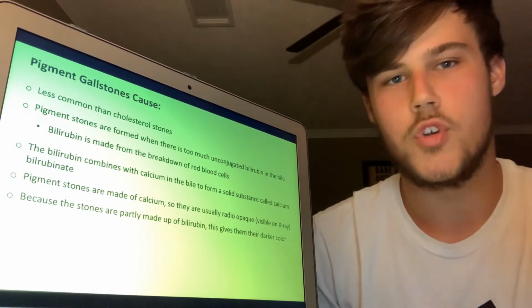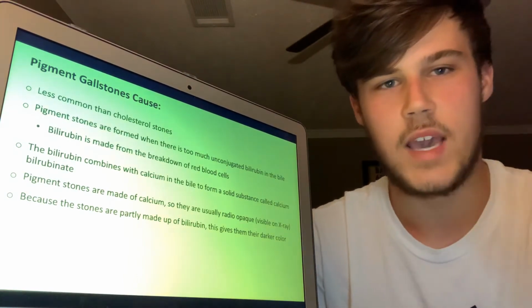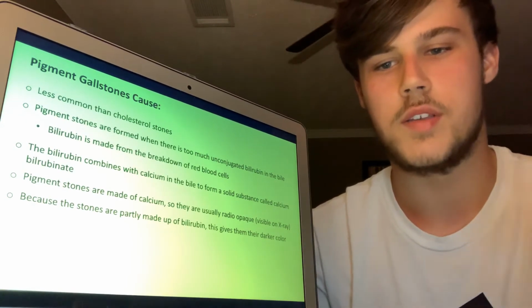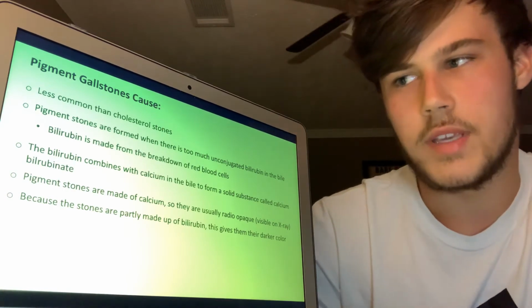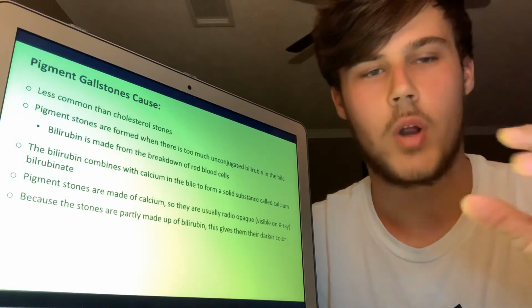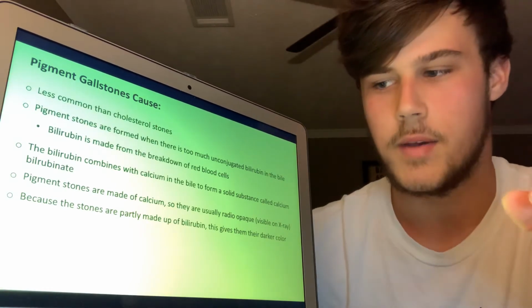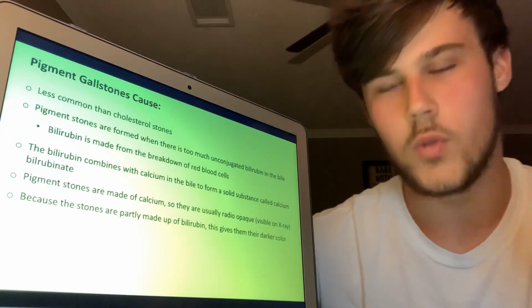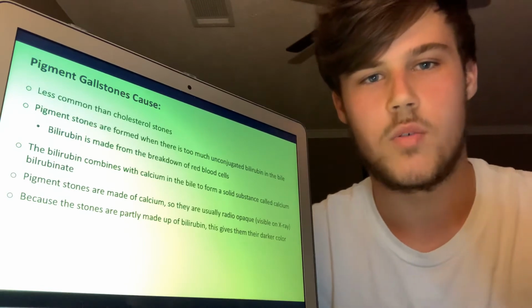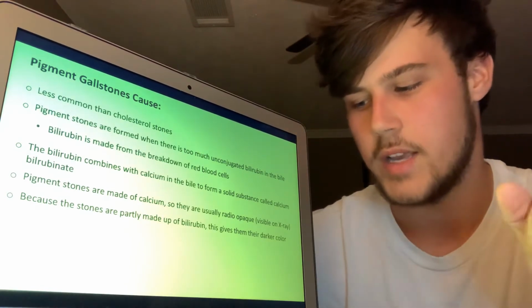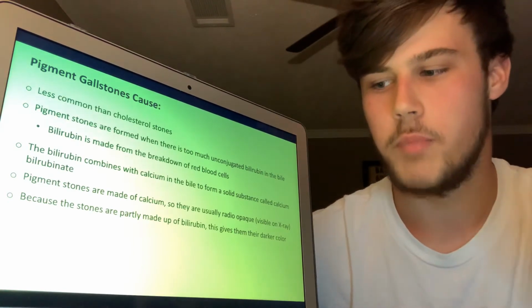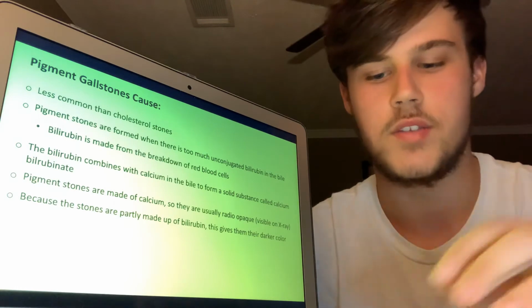And when there's too much bilirubin, it combines with calcium, and when that combines, it forms a solid substance called calcium bilirubinate, and because it's made partly of calcium, it is called radio opaque, and that makes it visible on an X-ray. And because it's partially made up of bilirubin, that is what gives it its dark color.